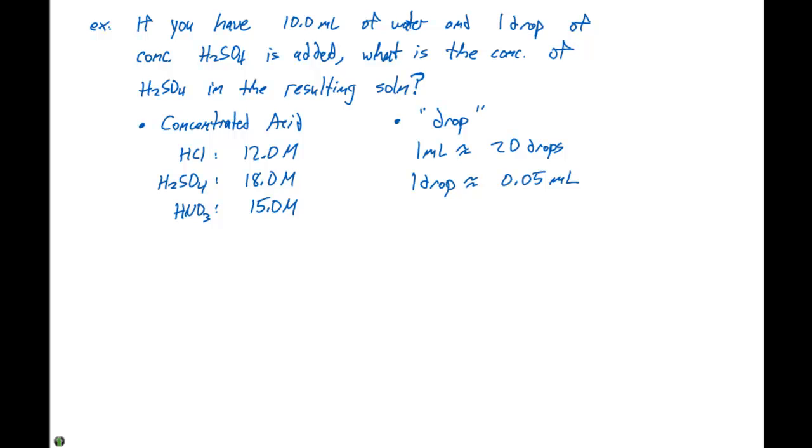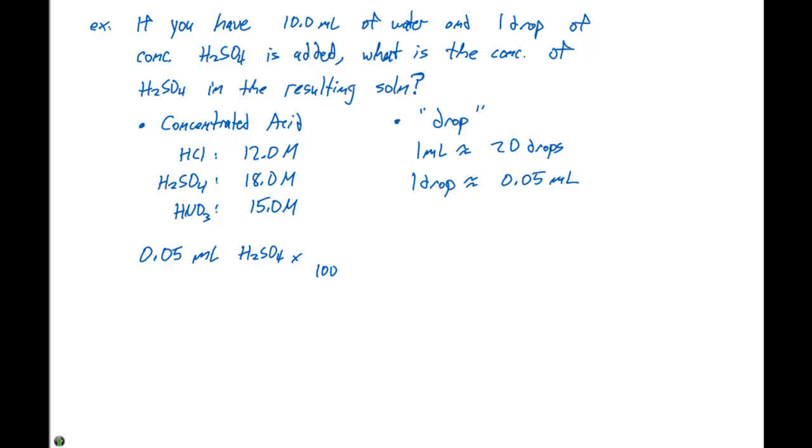So in this case, we're taking 0.05 milliliters of H2SO4, and first, in order to find the concentration, we need to convert this over to moles.